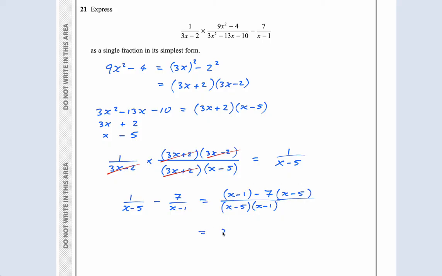Simplify the numerator: x minus 1 minus 7x plus 35. Be super careful here, all over x minus 5 times x minus 1.